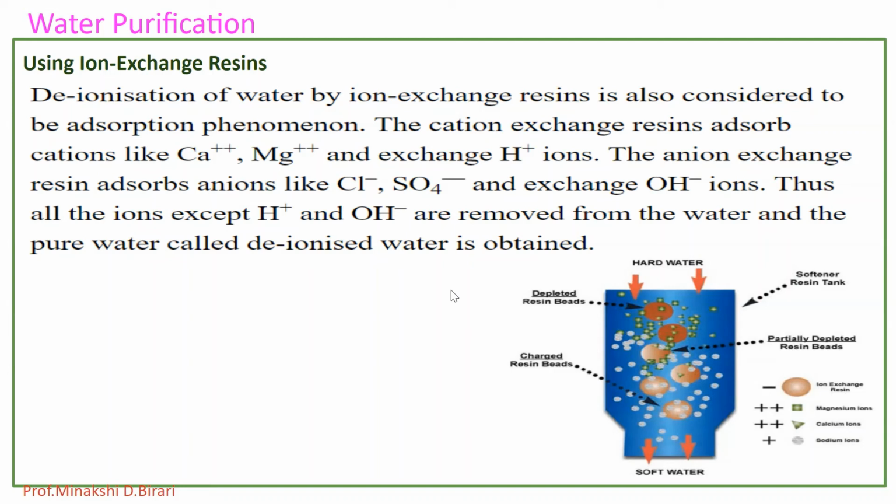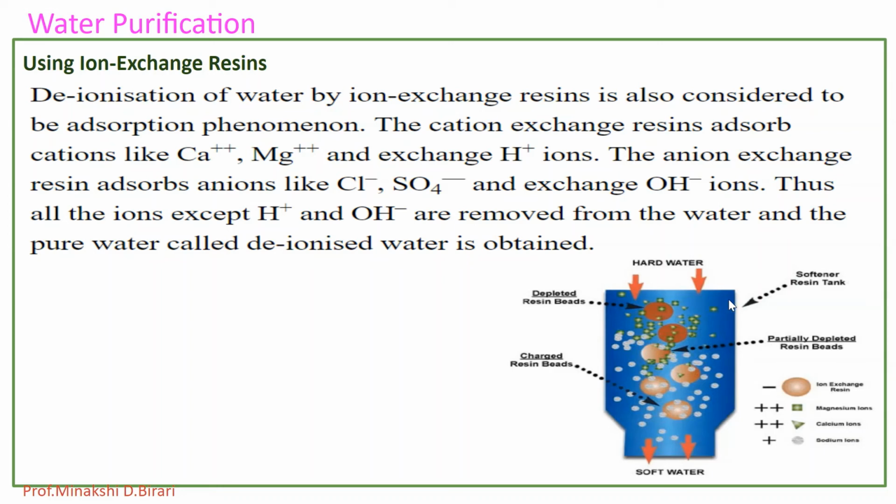The water freed from all ions, that is free from cations and also free from anions, is called deionized or demineralized water. The water is first passed through a column containing a cation exchanger resin. Here, any cations in water are removed by exchange for H+. The water is then passed through a second column which is packed with an anion exchanger.